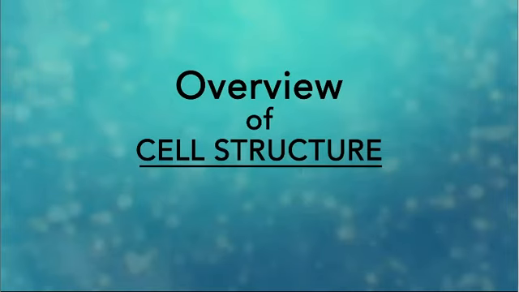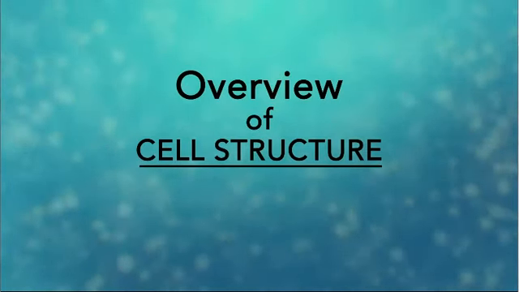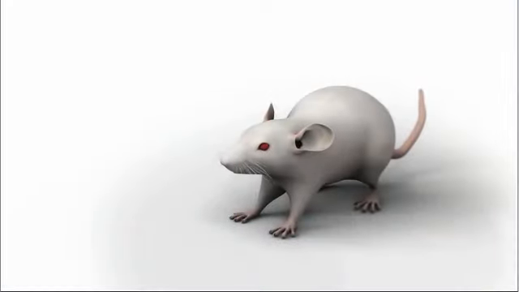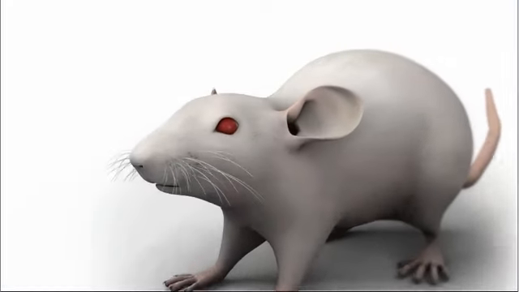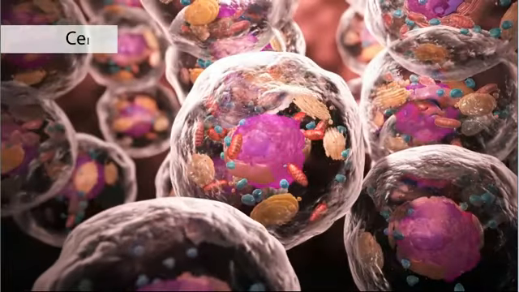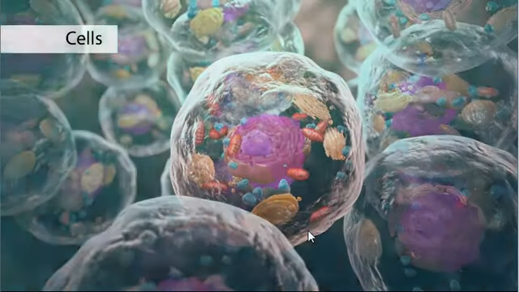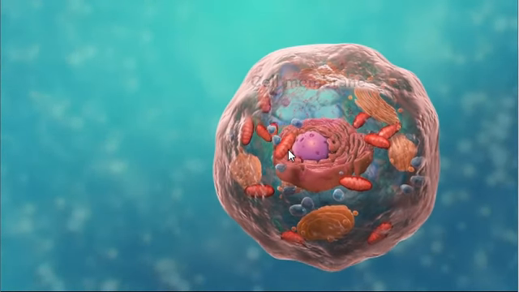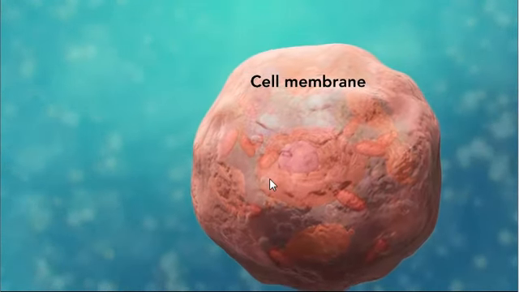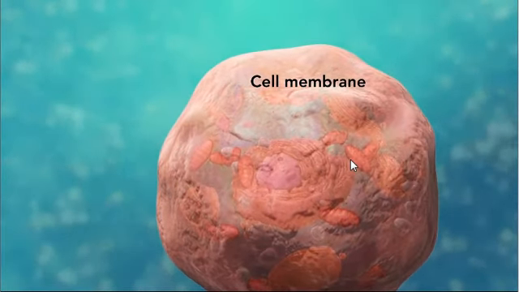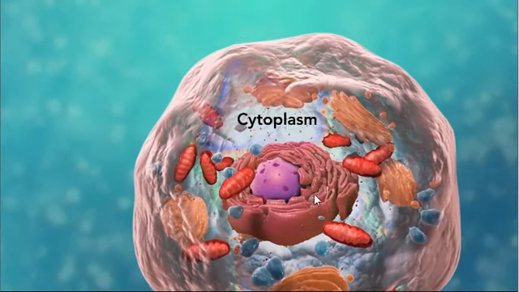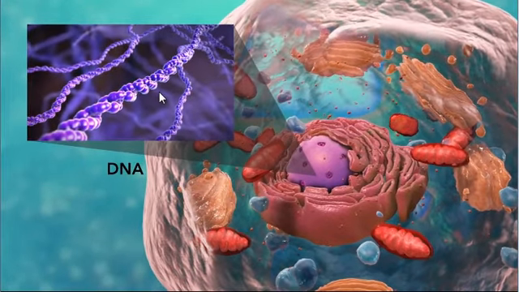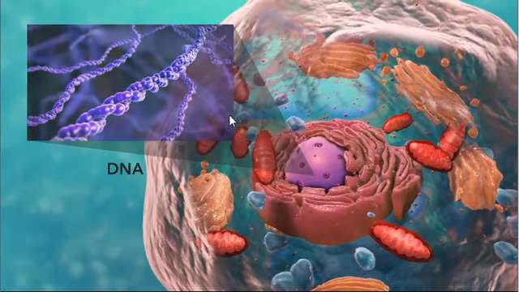Overview of cell structure. When you look at all living organisms, they are made up of cells. Considering this animal here, we see that it is made up of very many cells, and the cell structure is composed of the plasma membrane, this outer coat, and then inside is a nucleus where the genetic material called DNA is stored.